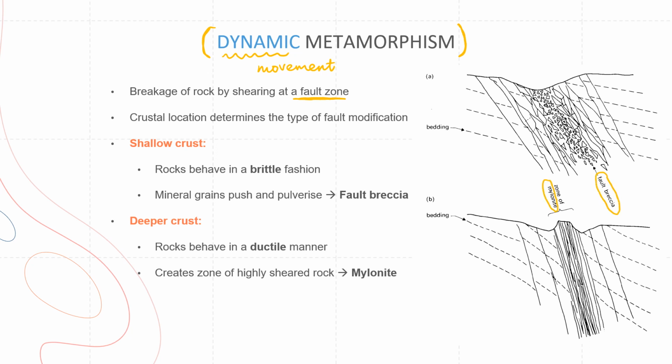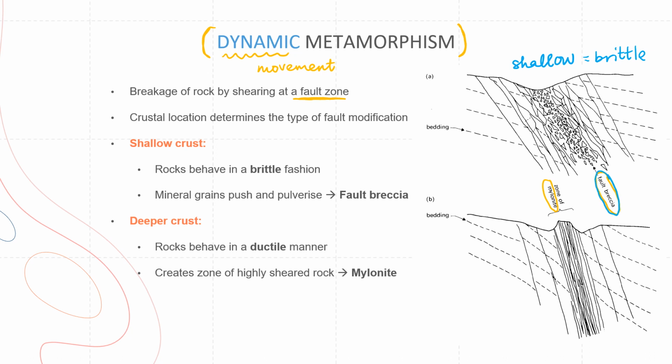So the crustal location defines the type of fault modification. So if it's happening somewhere more shallow, let's use two different colors just so we can differentiate the two. So if it's more shallow, the rocks would behave in a more brittle fashion. So this gives rise to the fault breccias.